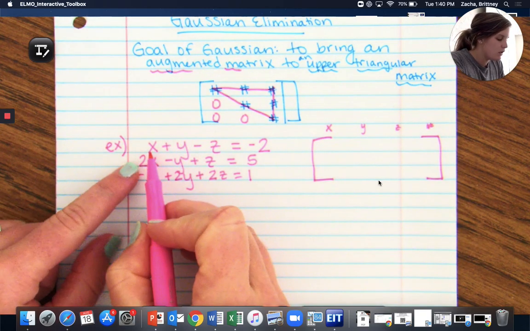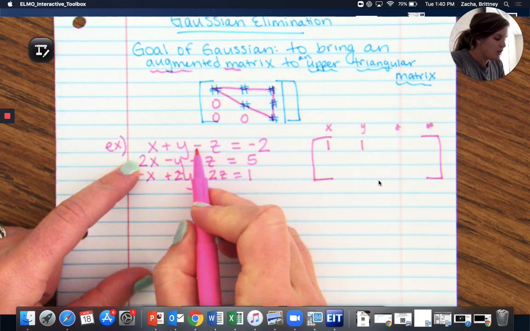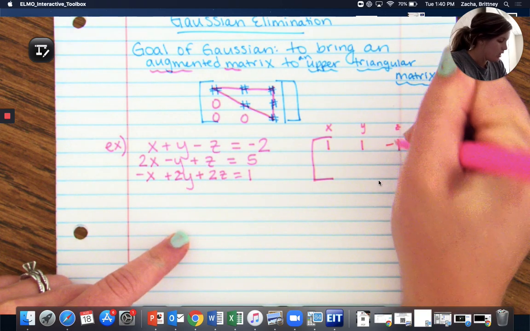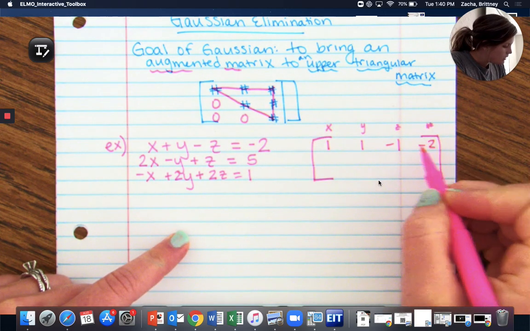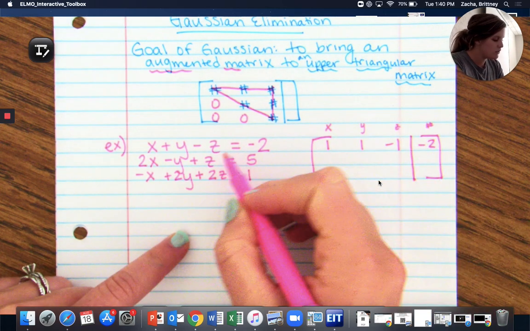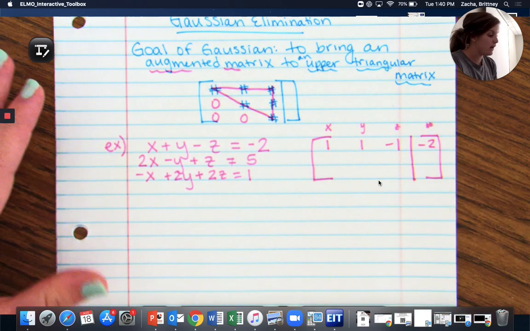So the coefficient here is 1, 1. Make sure the sign always goes with the term that follows, so that'll be -1, and then your -2. We use a line to represent the equal sign right there, and then you put your constant to the right of that.